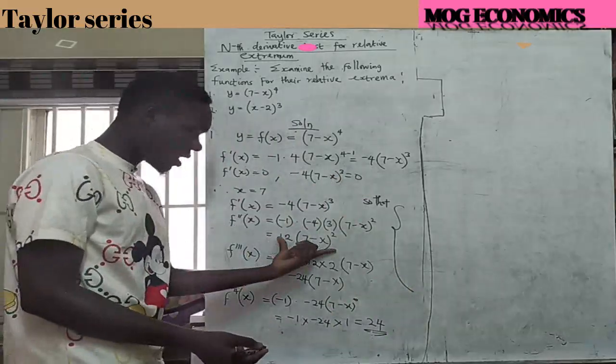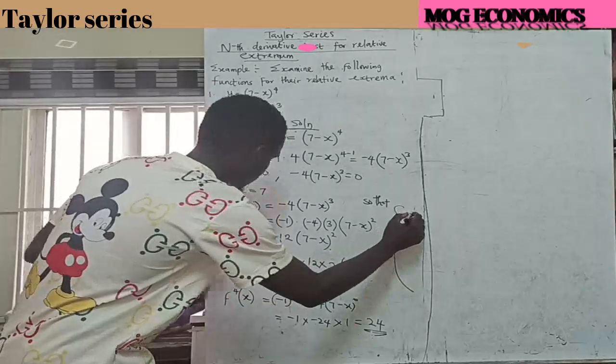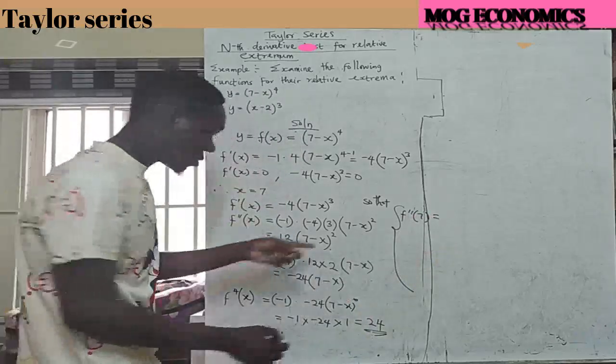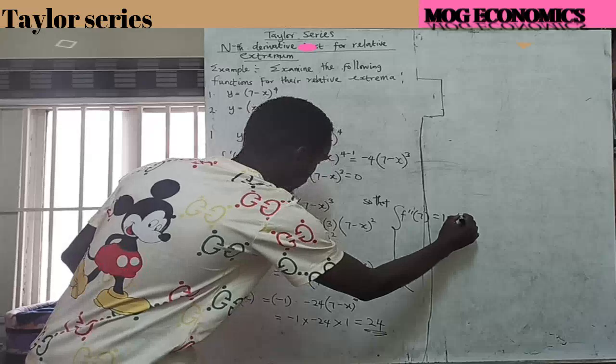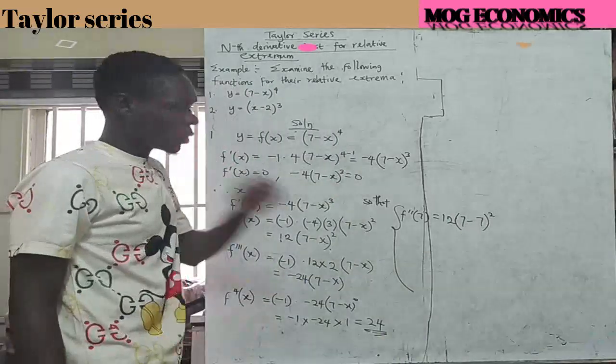Then the second order differentiation at 7 will be 12 times (7 minus 7) squared, so this is 0.